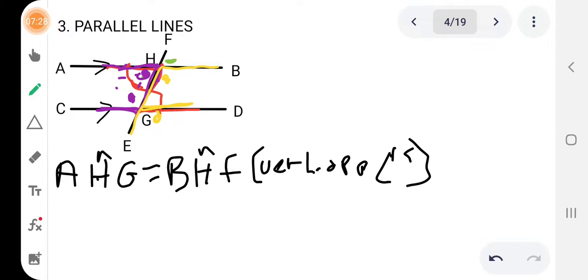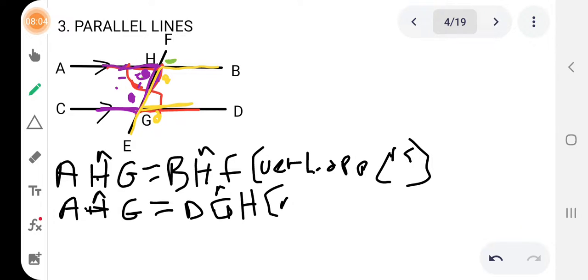Okay, angles. Let me come to alternate angles. I told you that we have something like Z. In American they call it Z. So we are going to say angle HG is equal to angle GH.